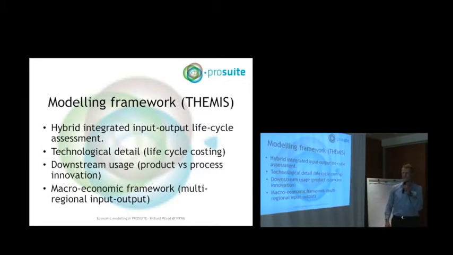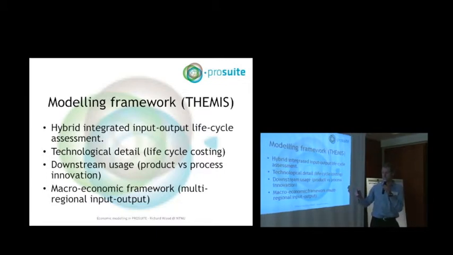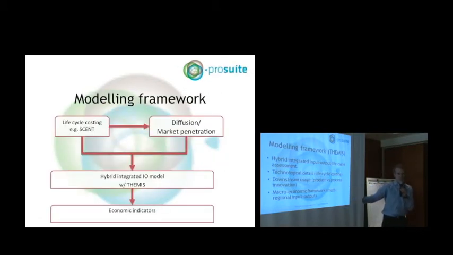Different people will get different parts of this, but I'll go into more detail in a few slides. The important bit is that we capture the technological detail through the life cycle costing and link that directly, and we capture the downstream usage or uptake of a product and the distinction between product and process innovations. Then we link these two to the macroeconomic framework.